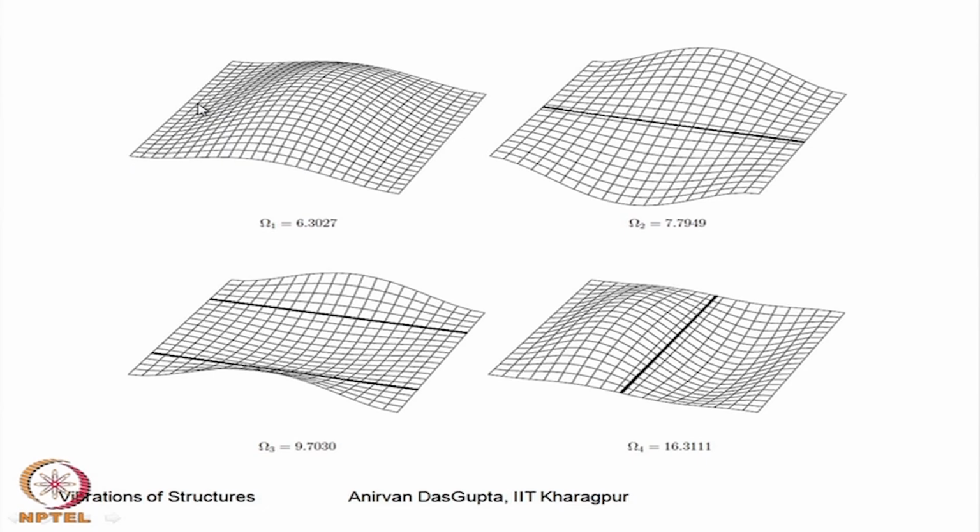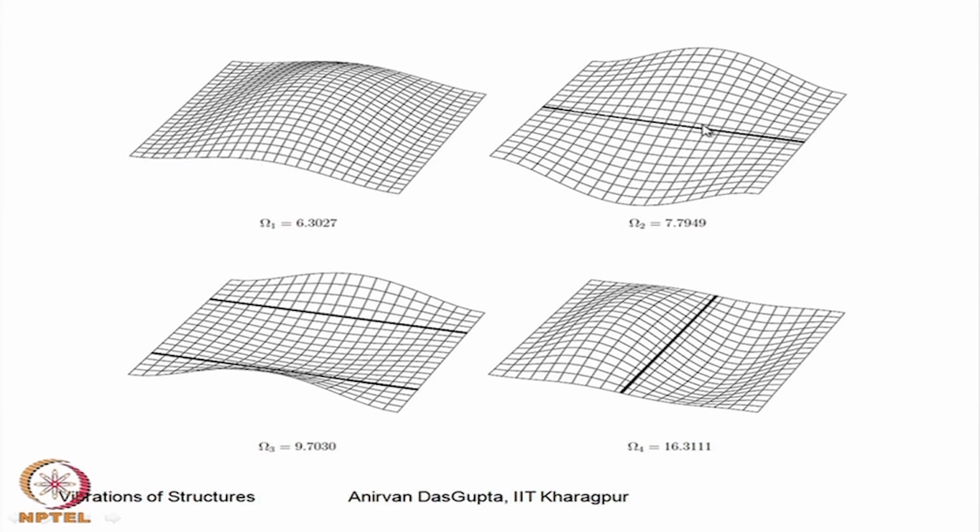You can see that displacement here is maximum, here it is not so high. Had there been no stiffener, this would have vibrated like a beam, so the displacement here also would have been as high. Because of the stiffening effect of the beam, we have lower displacement at these edges.